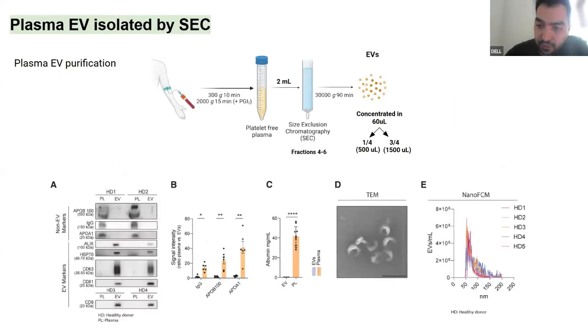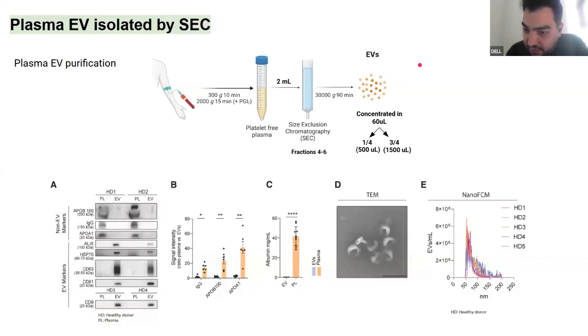To get into the mechanism behind this anti-inflammatory phenotype, we purified plasma EVs from healthy donors of both sexes using a combination of size exclusion chromatography and centrifugation, as we described in our previous work.